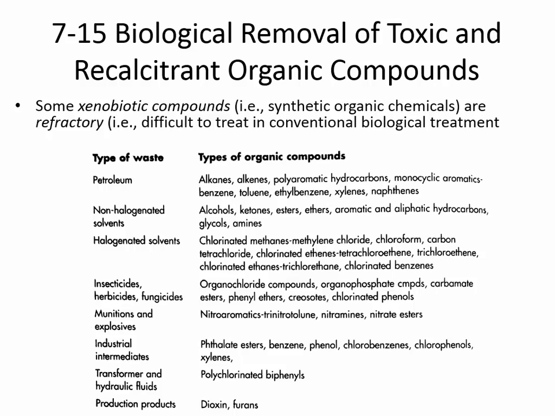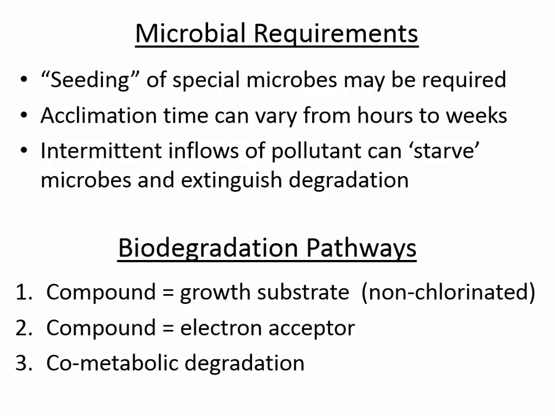And so if you had biological treatment of something that's only coming occasionally, then in between the application of the pesticide, whatever microorganisms break it down are going to starve. So it's not good to have the periodic surge of the pollutant coming through, because in between instances of that flow, the degradation stops and the microbes themselves may be eliminated.